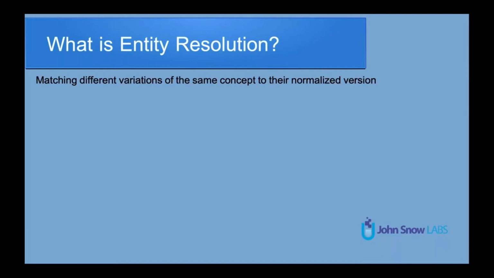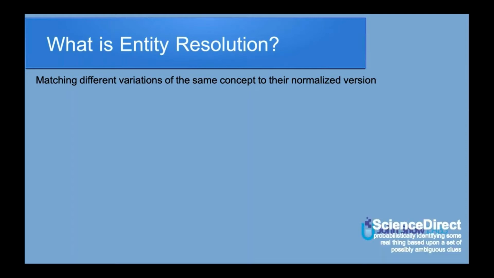We could use a few words and say that entity resolution is the problem of matching different variations of a single concept onto its normalized version, being able to map different ways, for example, of writing the same thing in plain words, right?